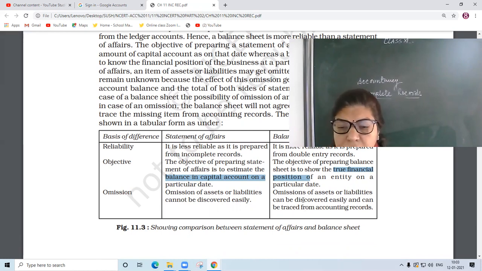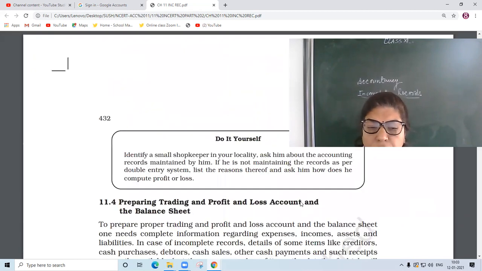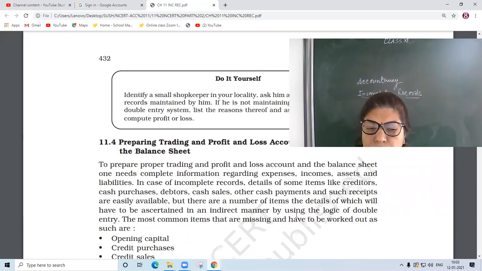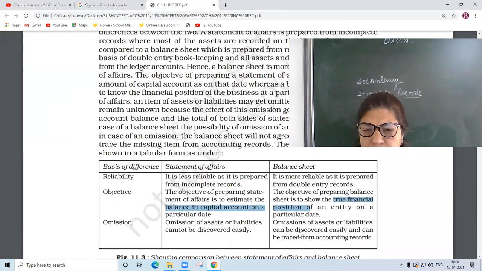So a trial balance or ledger will be there. So it is very easy for a businessman to trace any omission of any assets and liabilities.